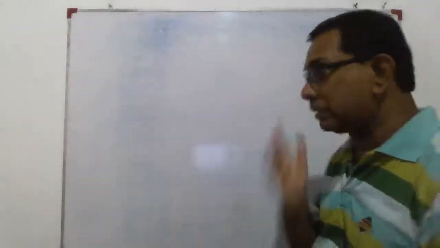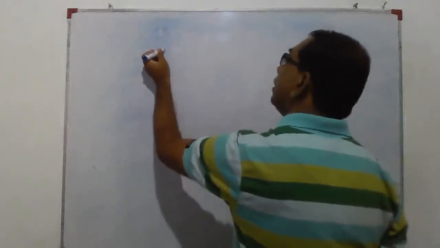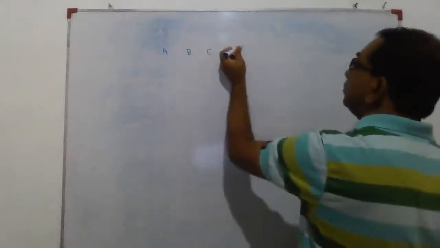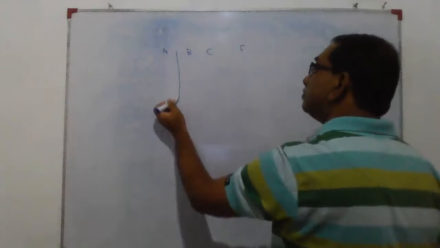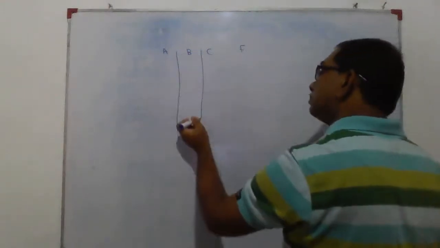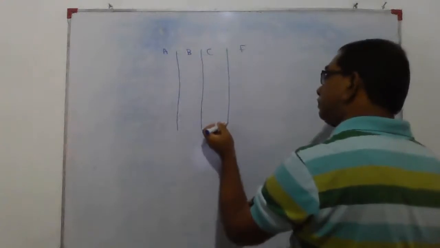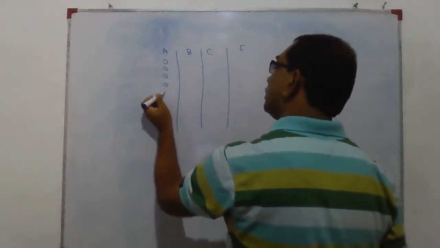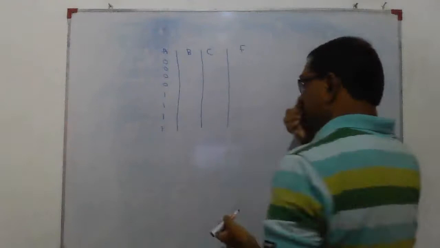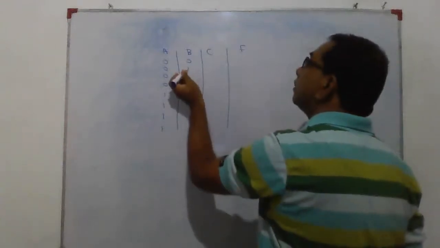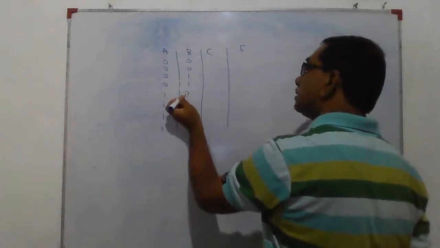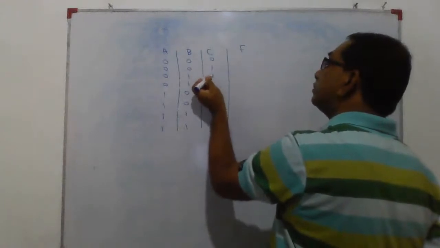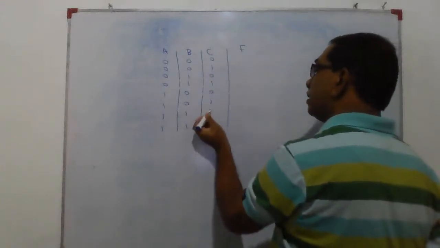I take an example. I need a truth table here. We have A, B, C, and F. Now, there are 4 zeros, 4 ones, and then 2 zeros, 2 ones, 2 zeros, 2 ones, 0, 1, 0, 1, 0, 1, 0, 1.